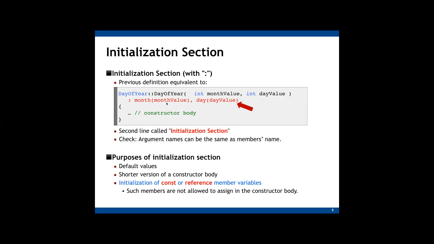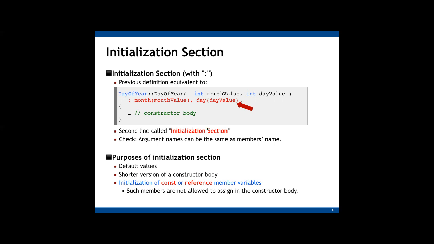So the month member variable will be set to the value of the month argument. The value of the day argument will be used to initialize the member variable day. As shown in this example, we can take the statements for initializing member variables outside of the constructor body. And this line, the red line, is called the initialization section.